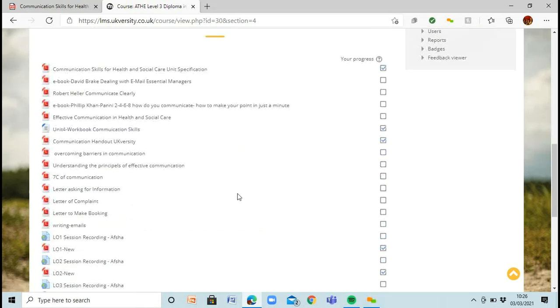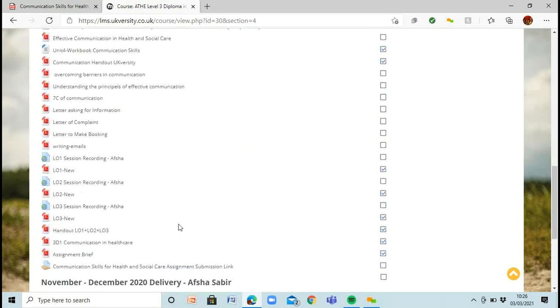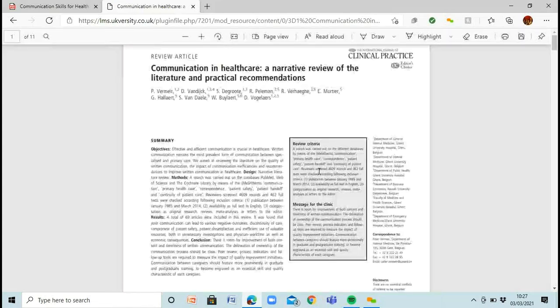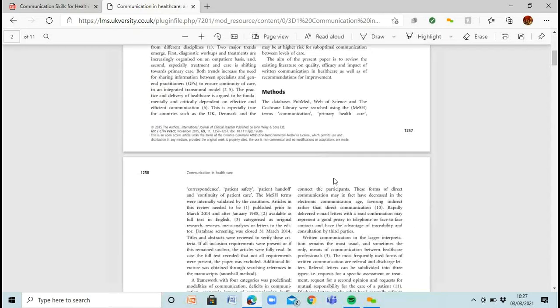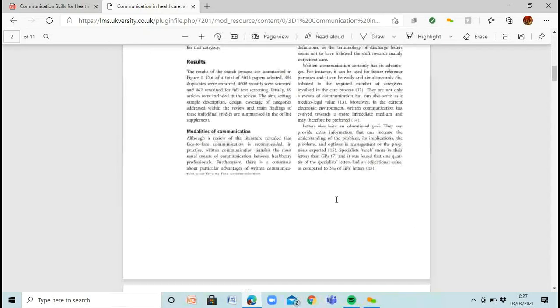So when you go into your Moodle page, scroll down to the section where it says Learning Outcome 3. We've got a previous recording from me on here. We've got Learning Outcome 3, which is the PowerPoint that I've just been going through. And then we've got 3D1 Communication in Healthcare. It's a big document, but it tells you about different types of communication that can take place in healthcare.